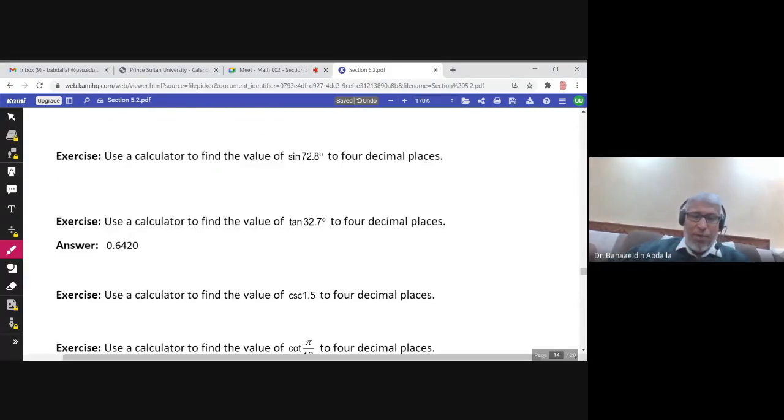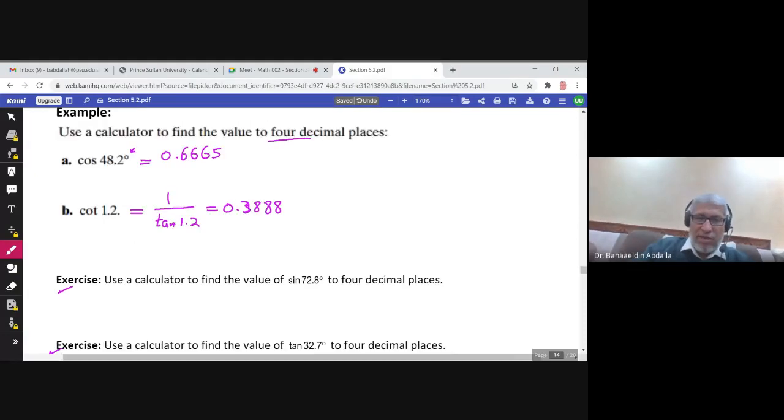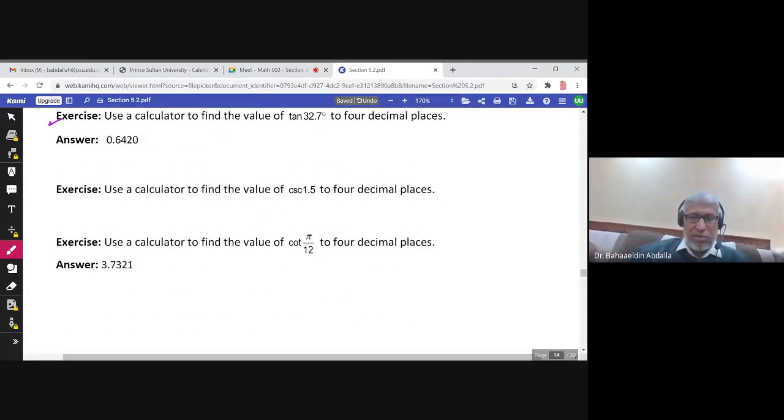Please use the calculator to answer this question and this question, and make sure that the answer is 0.642. We did cotan. Okay, let us do this one, cosecant 1.5. You write it 1 over sine 1.5 in radian mode, and you answer the question.